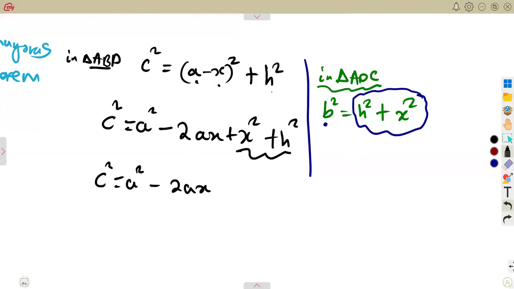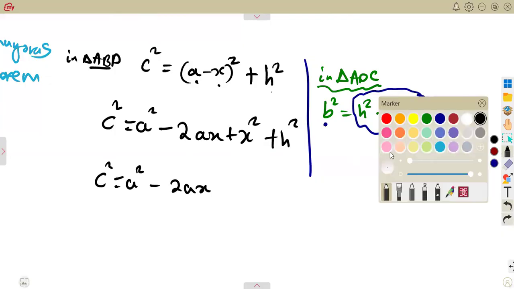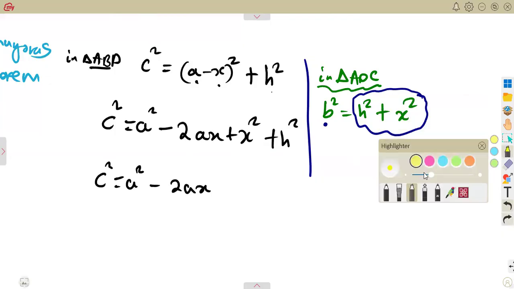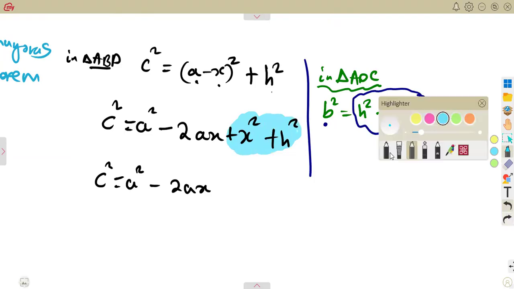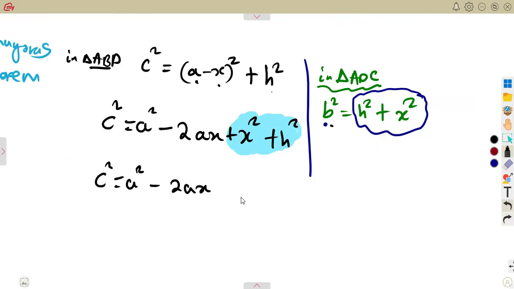In place of this X squared plus H squared, there is an equivalent, which in this case is B squared. So we can substitute that with B squared.